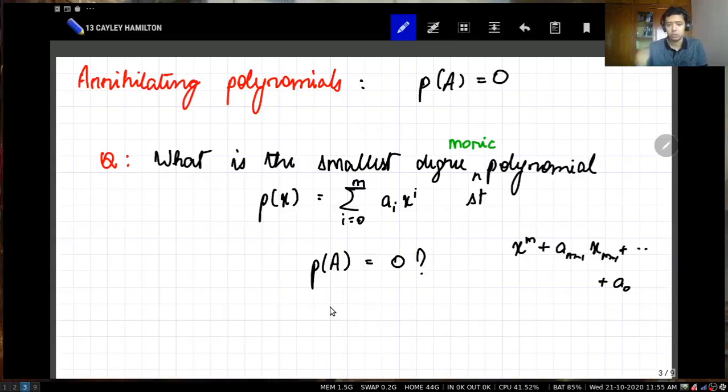So basically the coefficient of the monomial with the highest power, that is x to the m, is always equal to 1. So that's called a monic polynomial, and this ensures that the polynomial is unique, because scaling by any factor other than 1 gives you a non-monic polynomial, right?